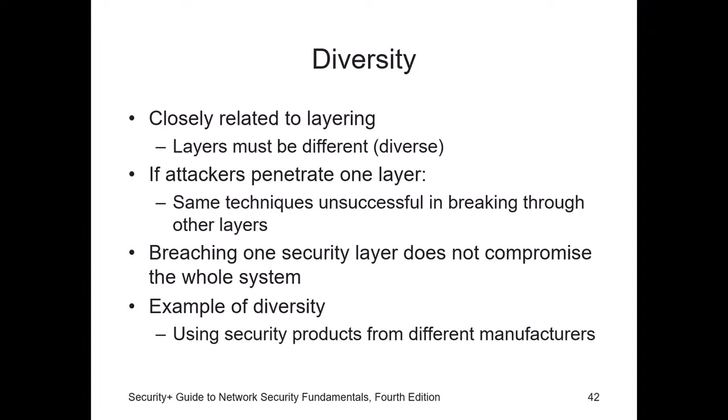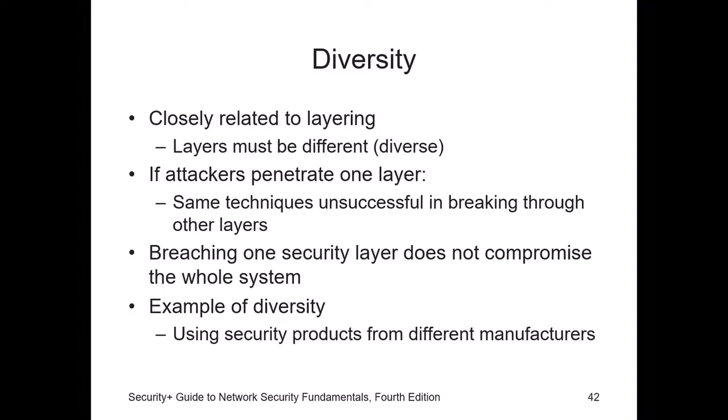Also, the layers have to be diverse. For example, if you go in with your username and a password, like I said, you have to remember a PIN, or maybe they'll send you a PIN. Your bank will send you a PIN and you'll have to type that in. That's two layers, two different things. Also, for example, you're using your ATM card. You have to have your ATM card with you. That's one layer.